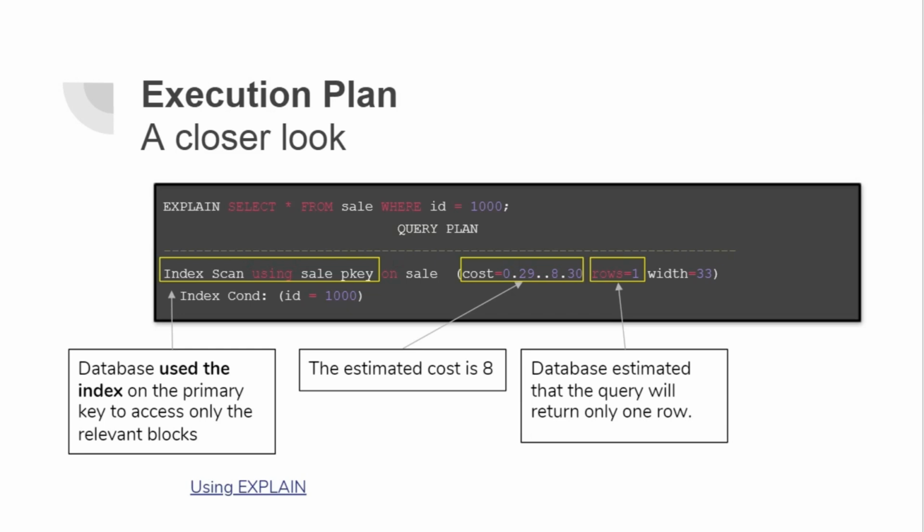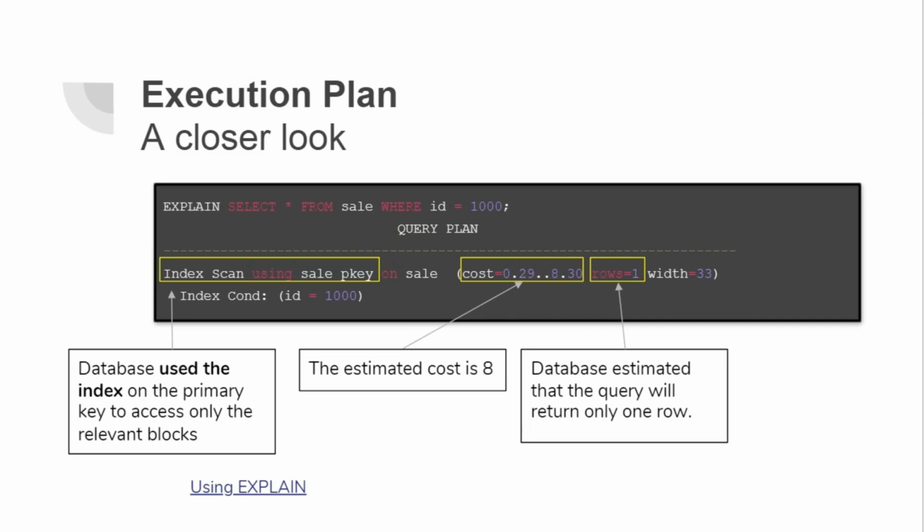You'll notice that the estimate is now much, much lower. Before it was 176 IOs, and this time it's only 8. The database also estimated that it's going to get only 1 row. So this is pretty interesting. Why did the database expect to get only 1 row?